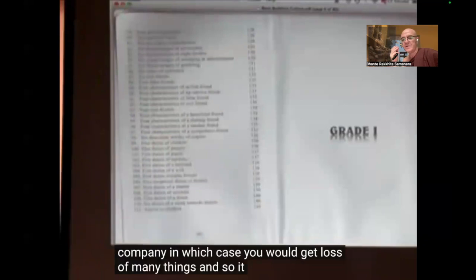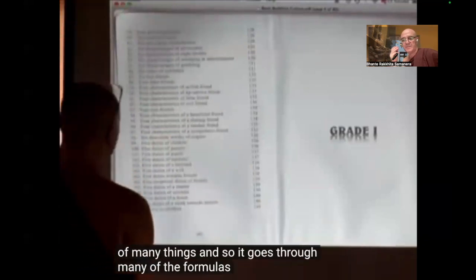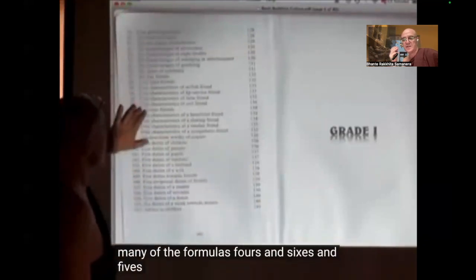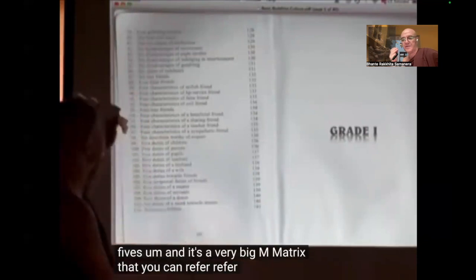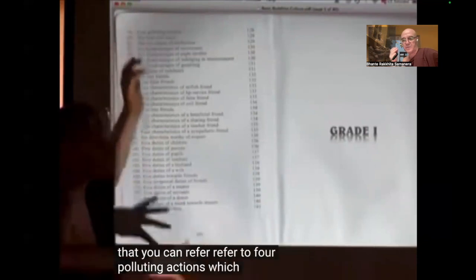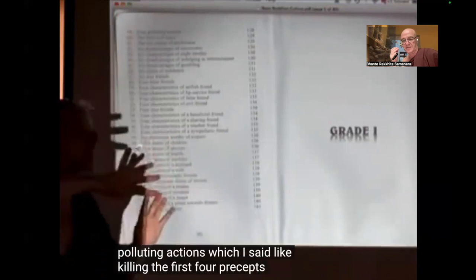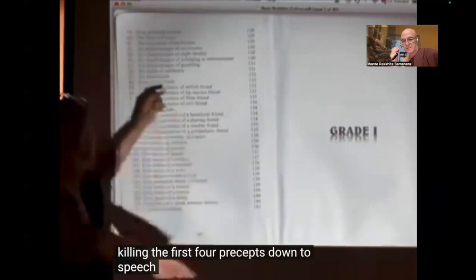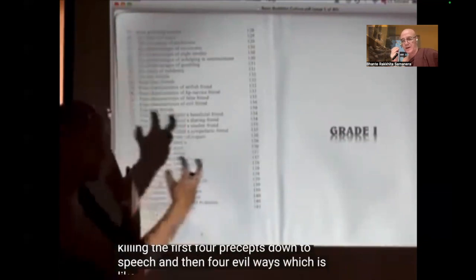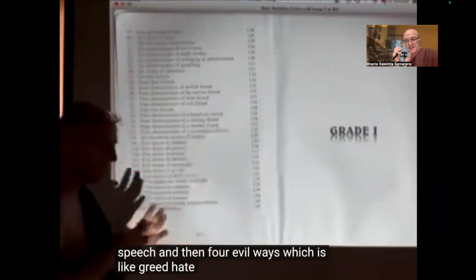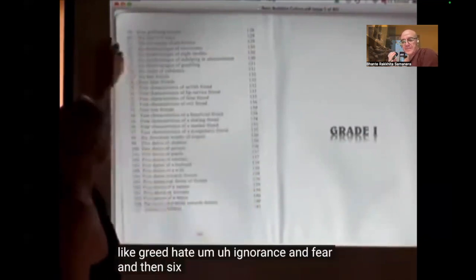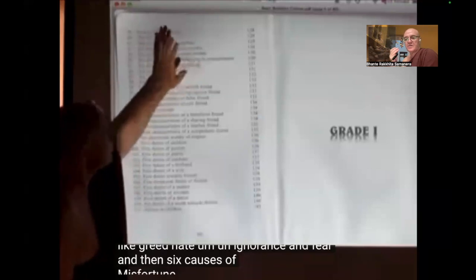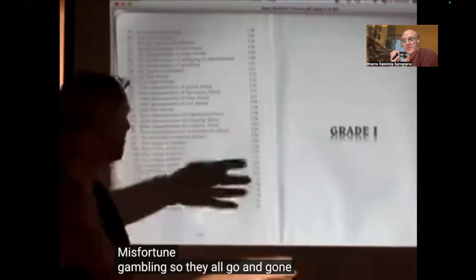It goes through many of the formulas, fours, sixes and fives, and it's a very big matrix that you can refer to for polluting actions, like killing, the first four precepts down to speech, then four evil ways, which are greed, hate, ignorance and fear, and then six causes of misfortune, like gambling.